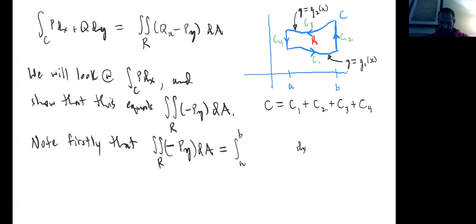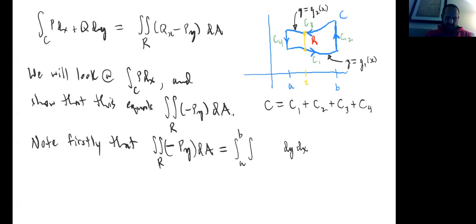And then what about dy? Think about this for a minute. What's the deal with dy? Y is as x goes between A and B. If I fix a particular x value somewhere in here, then y starts on this lower curve and goes up to this upper curve if I want to find myself inside of that region.